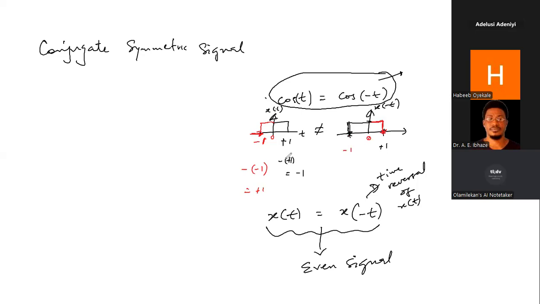You see it's going to give you a positive value. But when you try sine of that same value, it's going to give you a negative value. So it means that the sine component is an odd component, because the operation on the time impacts on the entire signal, whereas for an even signal, the operation on the time does not impact on the entire signal.